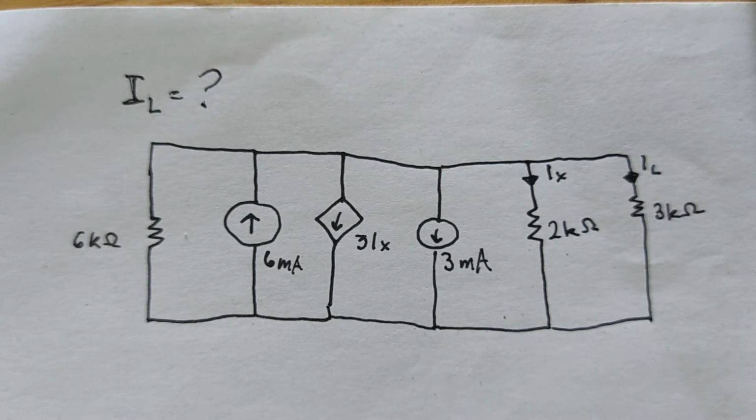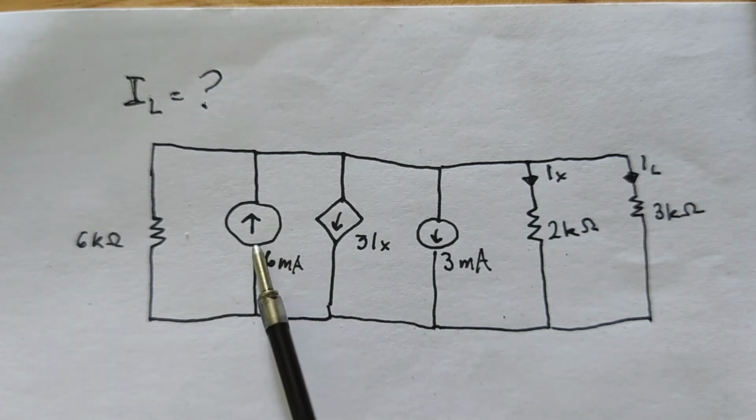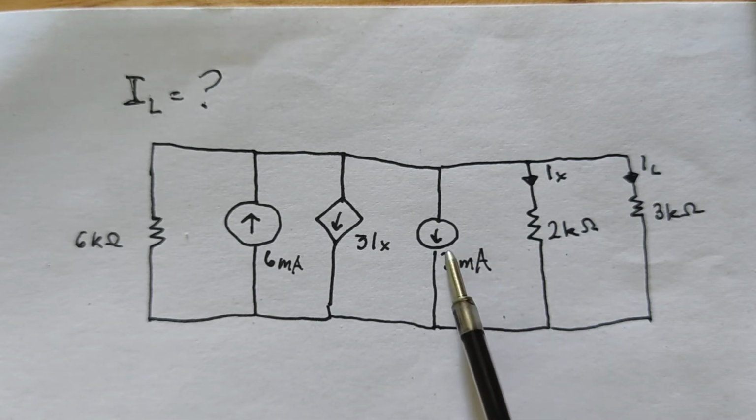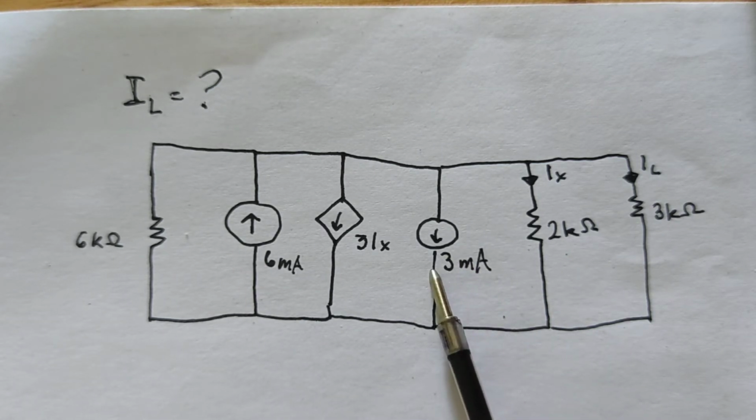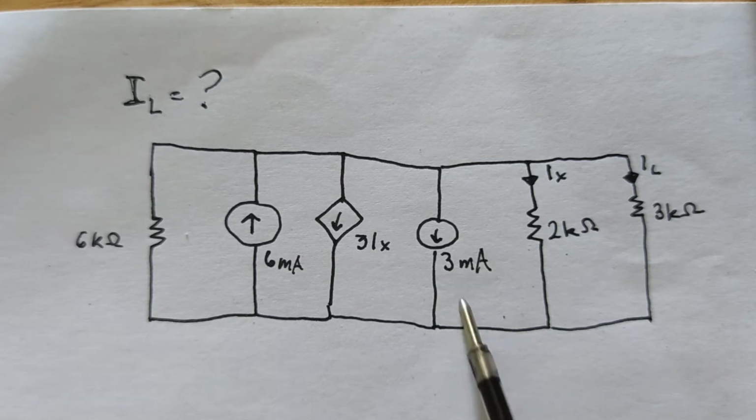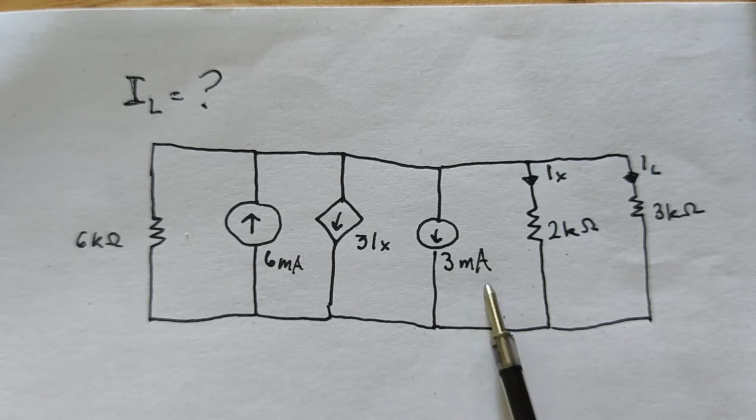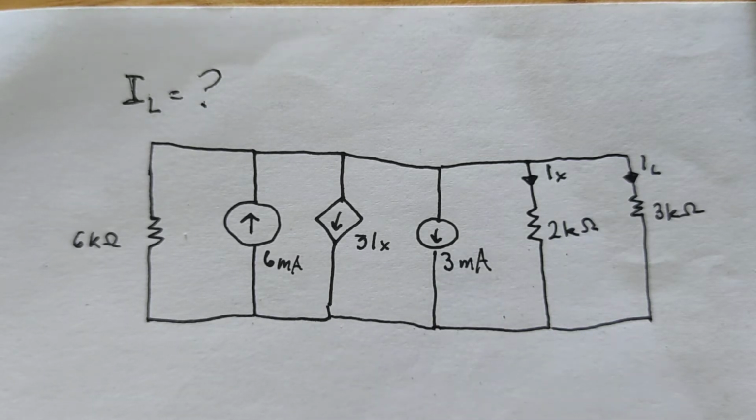What I first did was to simplify the circuit. Since these two current sources are connected in parallel, I could just combine them, but since they have different directions, I subtracted the smaller current source from the larger current source so that it would follow its direction.